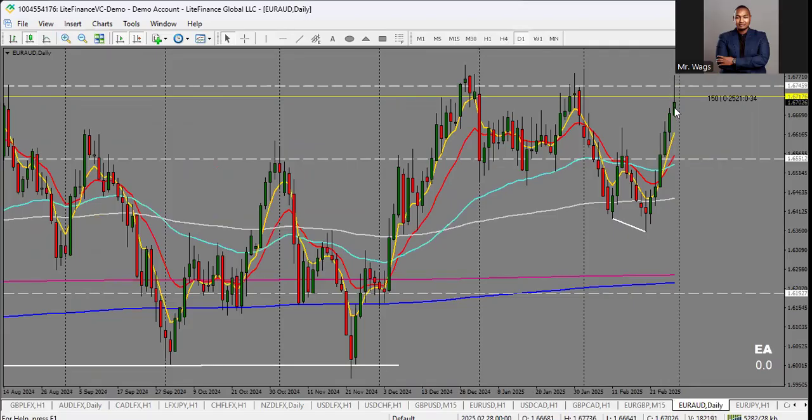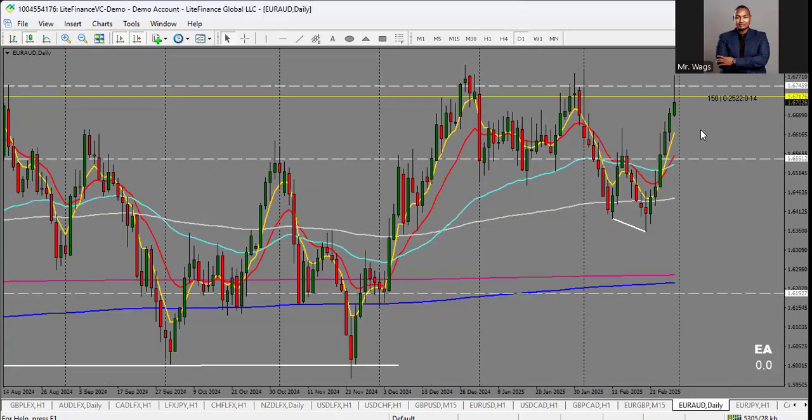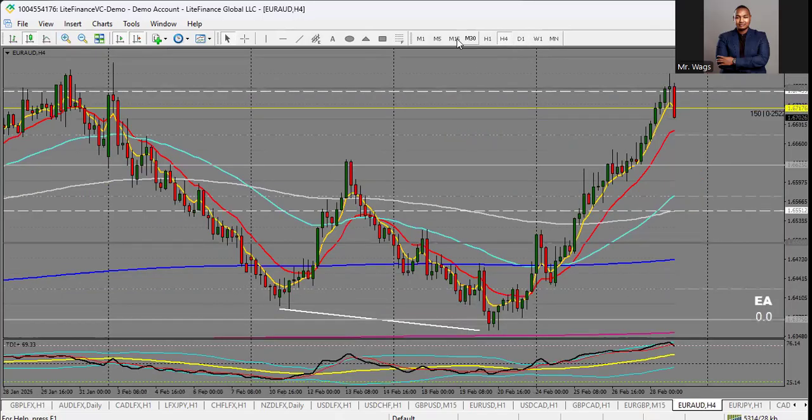So the daily candle on Friday has closed like this. We have a very strong wick going up. So we should be expecting for price to fill this wick before having a retracement coming down and then a continuation up.